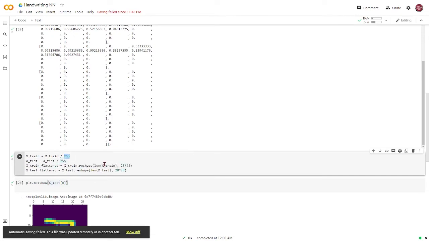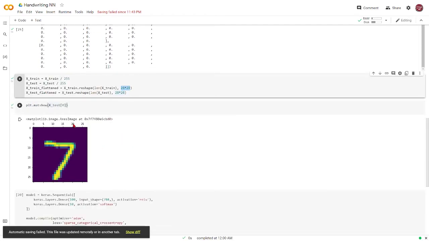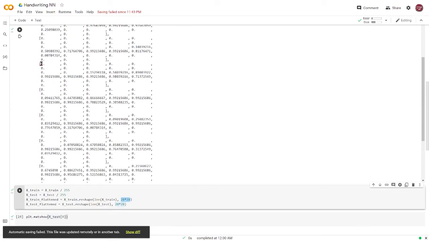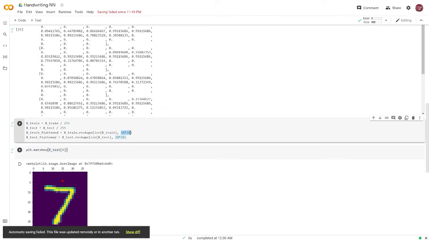So it goes from the length of the X train data set up to 28 times 28, and it's 28 times 28 because it's 28 pixels by 28 pixels. So you're compressing 28 rows by 28 columns into one entire row. So you need a representation for every single value that's possible, which is like 700 something. 28 times 28.